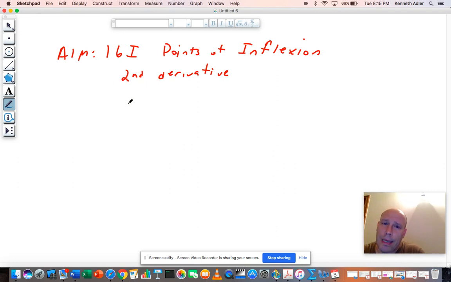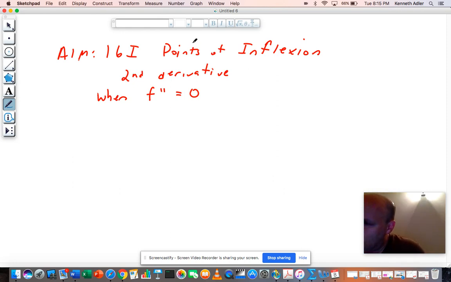Basically what happens is the curve changes concavity. So when the second derivative is equal to zero, in general, there are always exceptions in math, but in this class, the idea is that the curve changes. We know it looks something like this.